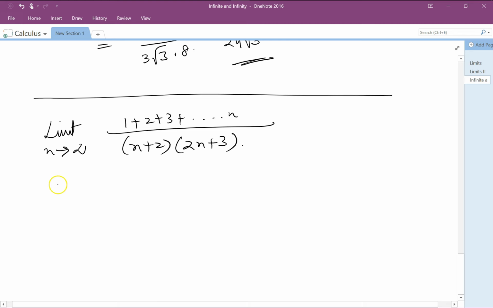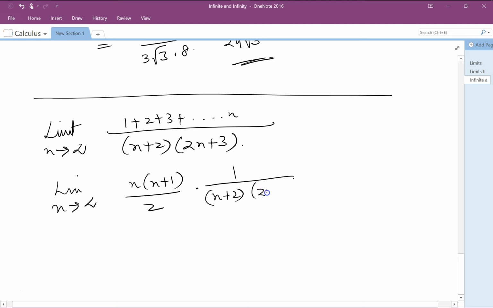So limit as n approaches infinity. What is the formula for this? Sum of first n natural numbers is n into (n plus 1) by 2, yes, multiplied by (n plus 2)(2n plus 3). Okay, so limit as n approaches infinity.